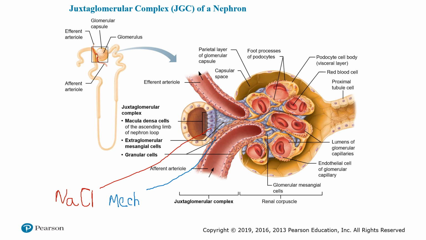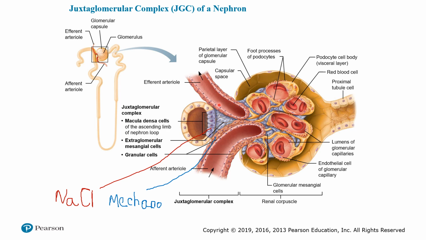And then in between these two you can see a third type of cells which are known as mesangial cells. Alright, these are the three types of cells. And these mesangial cells have plenty of gap junctions between them, so substances can pass between these cells.